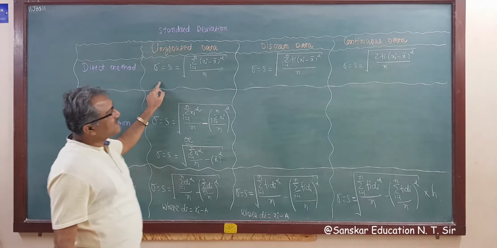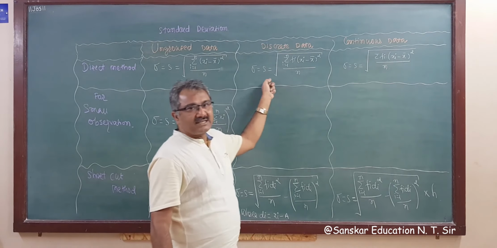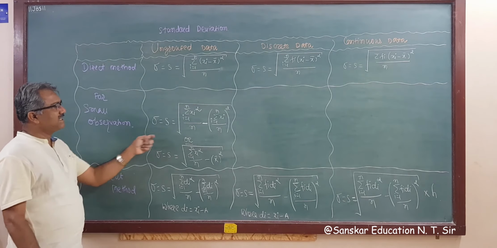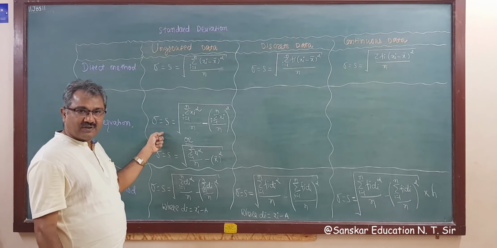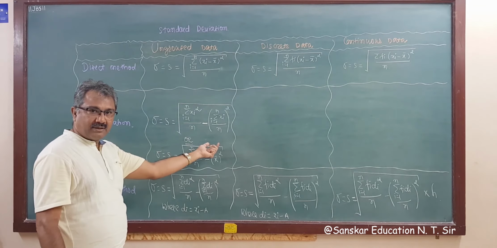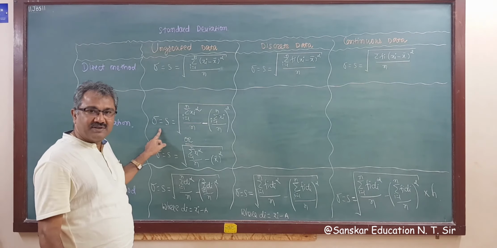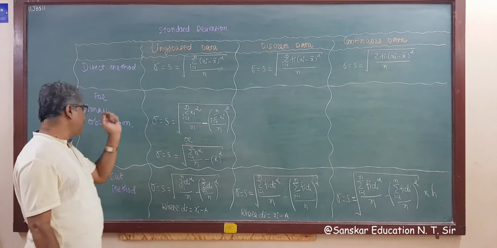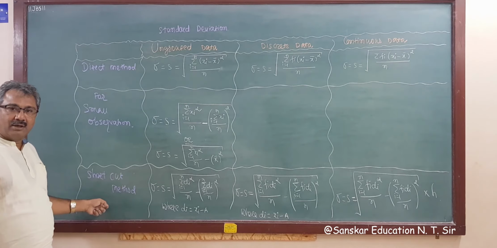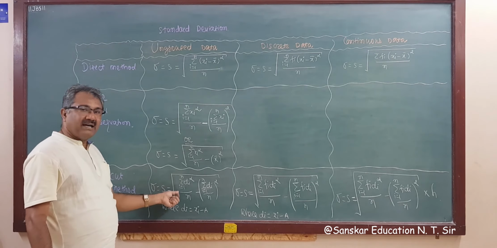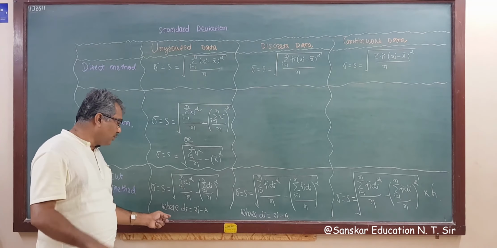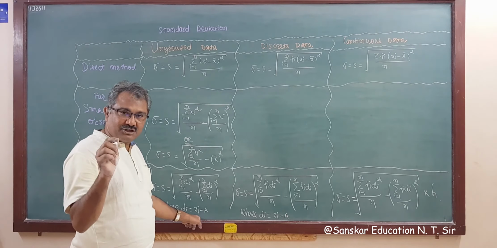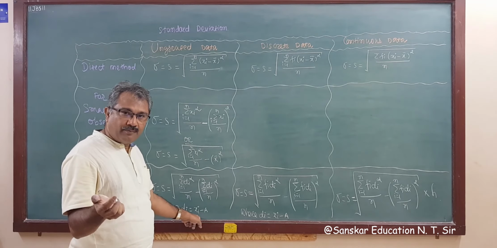Now this is your standard formula for the direct method, used for a small number of observations, as we just derived. For any other type of calculation, always use the shortcut method, that is sigma di square upon n, where di is xi minus a, and a is the assumed mean.